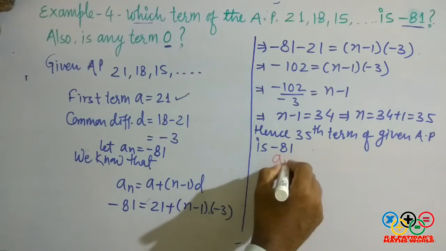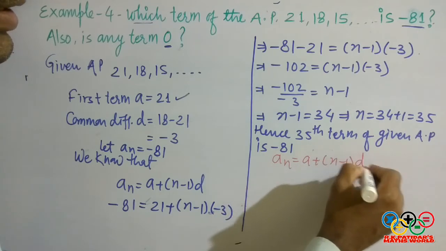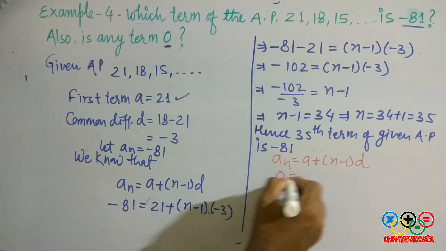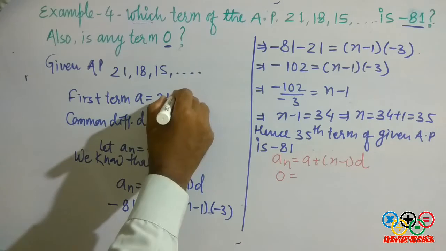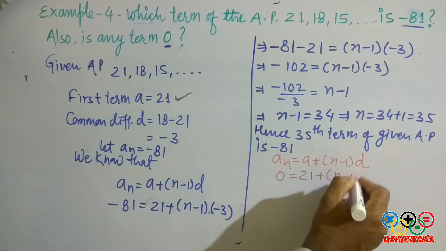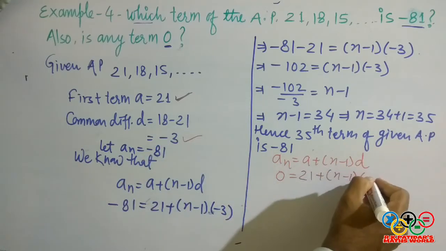Yes, we know that an is equal to a plus (n minus 1)d. Here an is 0. You have to find out which term is 0. a is the same, 21, plus (n minus 1) into d. d is minus 3.